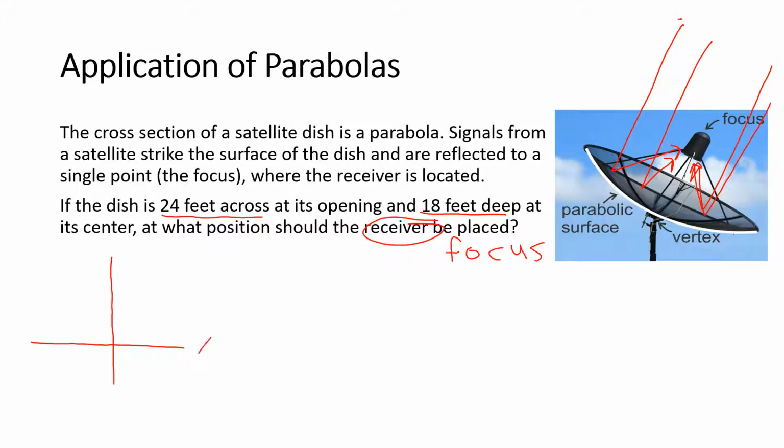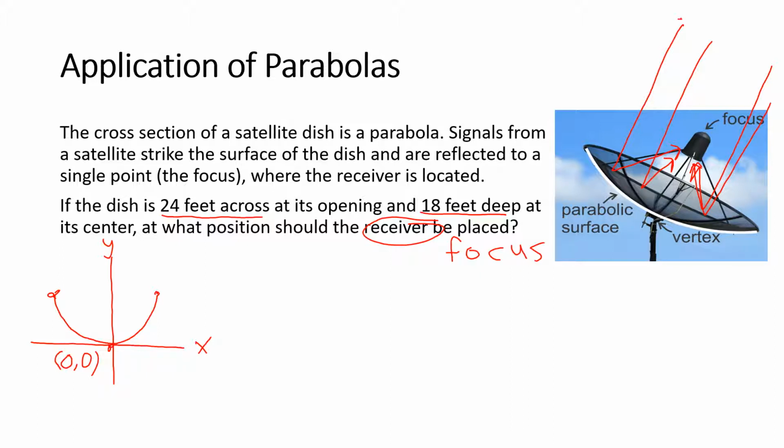So I'm going to draw an x-axis and a y-axis, and I'm going to take my parabola, my satellite dish, and place it right here in the center. I'm going to have it come down like this. And I'm placing the vertex of my satellite dish at the origin, 0, 0.